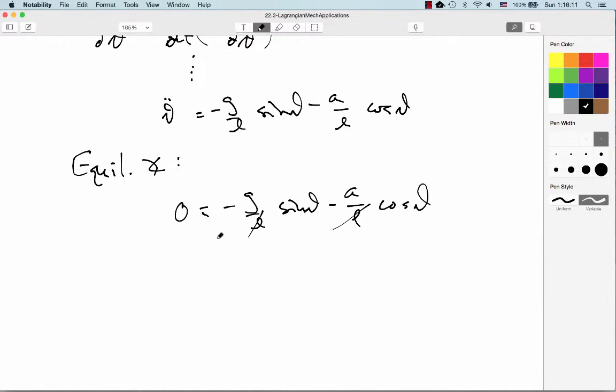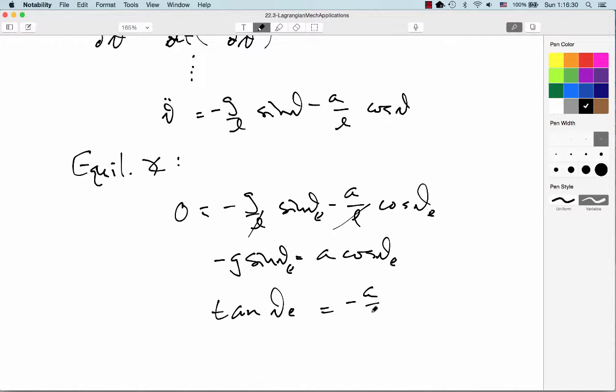And so we will have minus g sine theta equals a cos theta, or the tangent of theta equilibrium is equal to minus a over g, which comports nicely with when we did this same problem in the chapter on non-inertial frames.